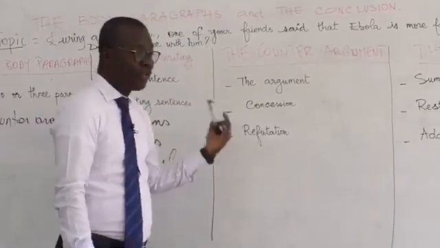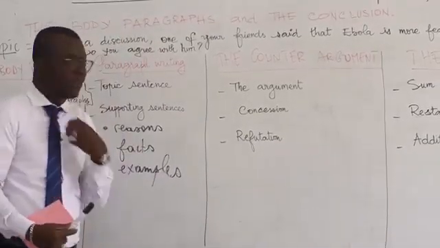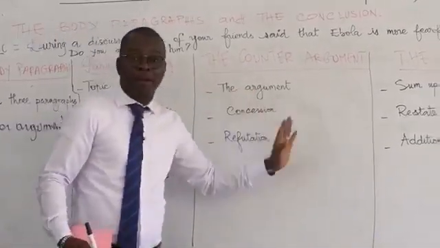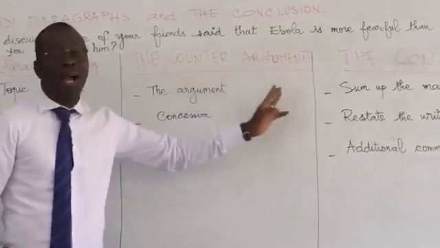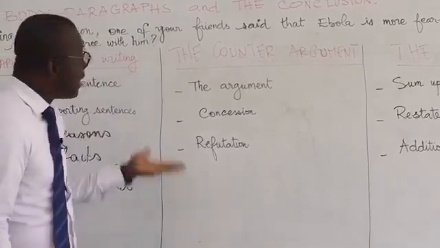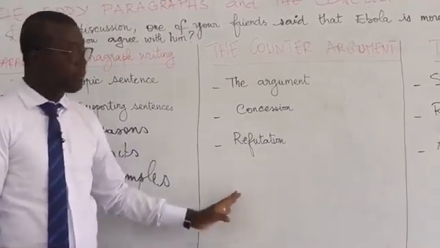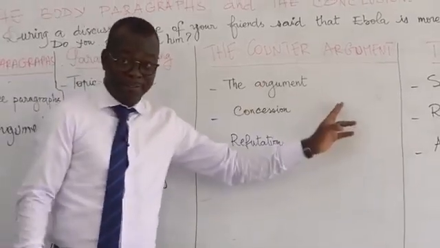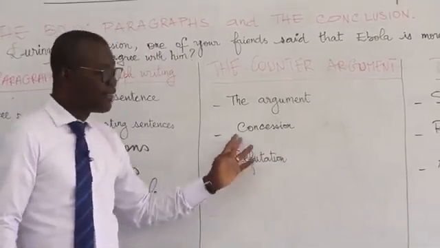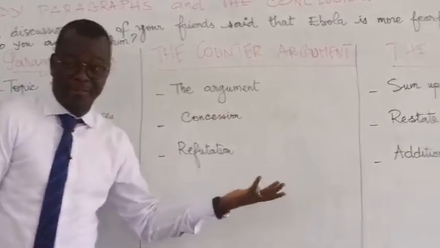You can also write 2 paragraphs about your own opinion, and then the 3rd paragraph will be the counter argument. But how to write the counter argument? It will be made of 3 parts. The argument itself, the concession, and the refutation.